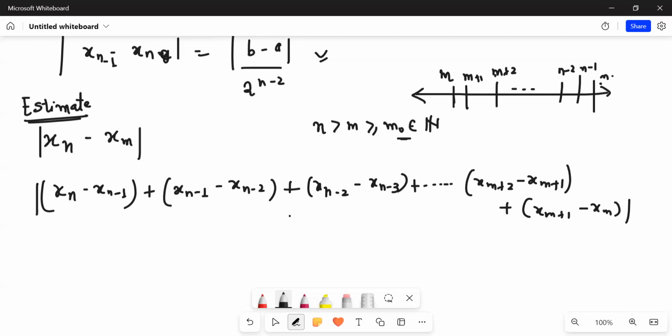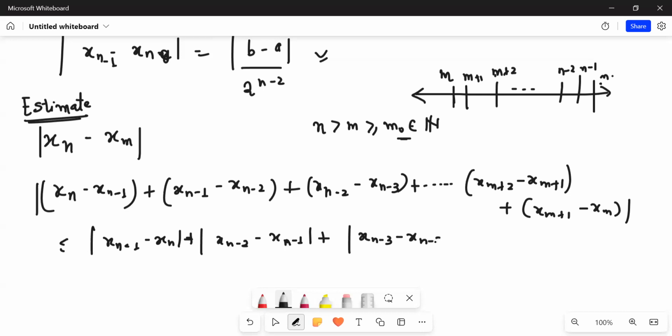So I know that the modulus of this particular sum would be less than or equal to modulus of xn minus 1 minus xn, again writing it in the fashion that we've written, plus modulus of xn minus 2 minus xn minus 1, plus modulus of xn minus 3 minus xn minus 2, and so on, up to modulus of xn plus 1 minus xn plus 2.